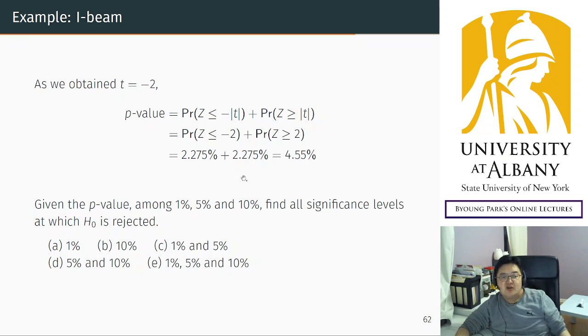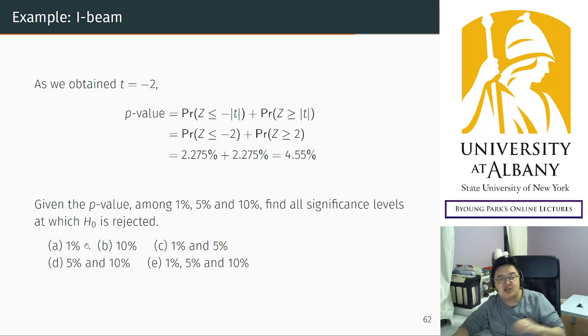So your outcome of -2 is a top 4.55% outcome, the top 4.5% most different from your null hypothesis. Therefore, if you reject the top 5% or top 10%, you are going to be rejected. Top 4.5% will be rejected at these two levels.